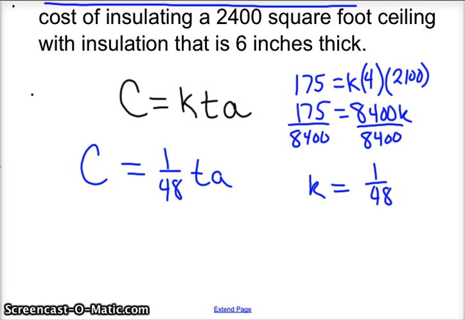So now we're going to find the cost of installation, C. If we know the area is 2,400 and we know that the thickness is 6, just plug those things in. So C is equal to 1/48, our constant, times our thickness of 6, times our area of 2,400.